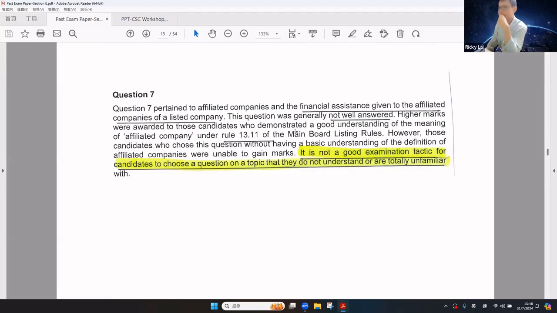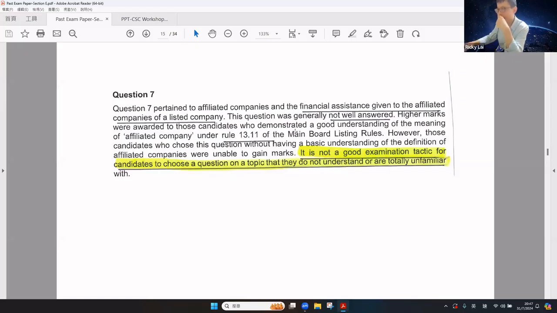Only high marks will be awarded to those candidates who demonstrate a good understanding of the meaning of affiliate company under the listing rules. In other words, if you are familiar with the listing rules, this question may not be difficult to you. But if you are not familiar with the listing rules, including having no knowledge of the definition of affiliate company, the candidates were unable to gain marks on that question.